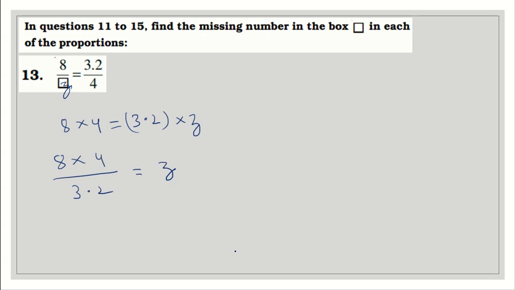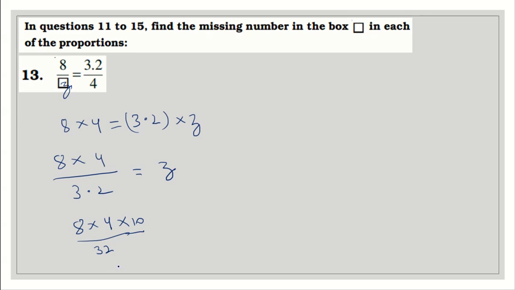You know how to simplify this. Here 3.2 can be written as 32/10. So 8 into 4 divided by 32/10, this denominator will be taken to the numerator.